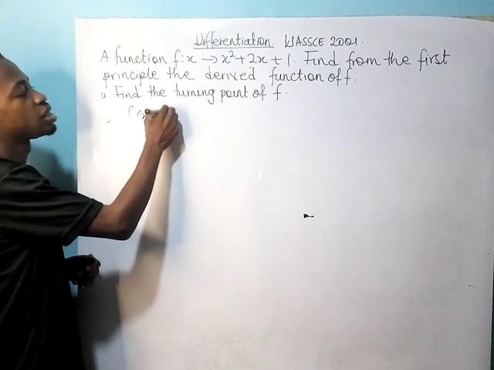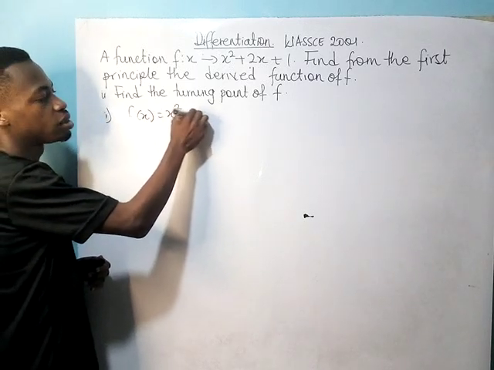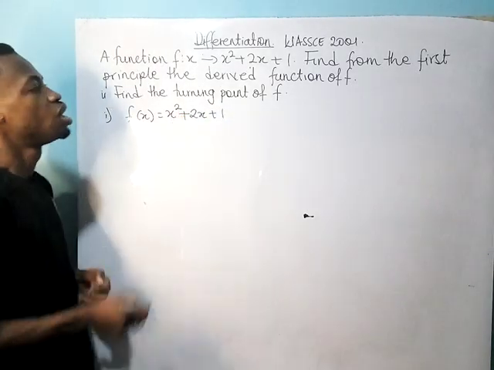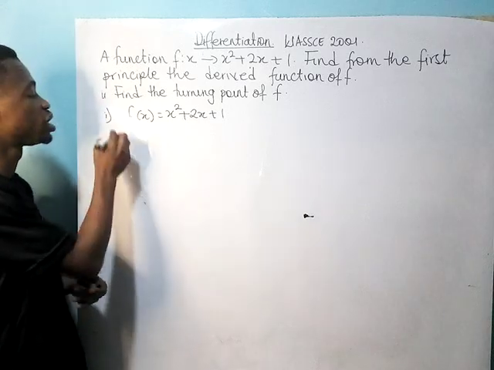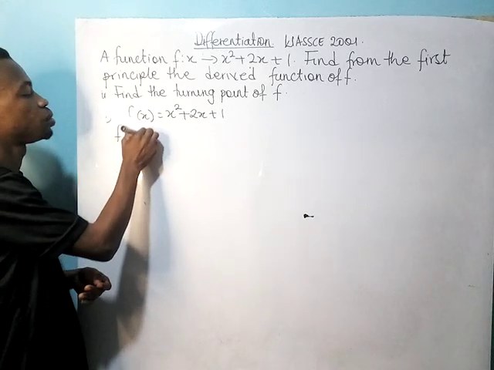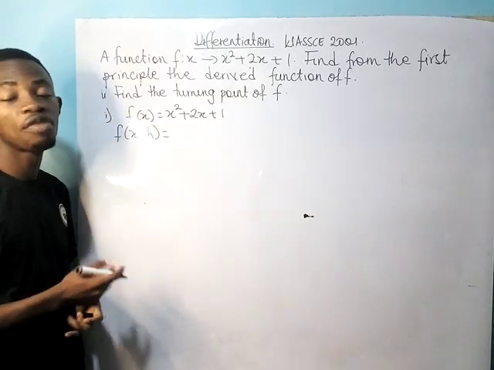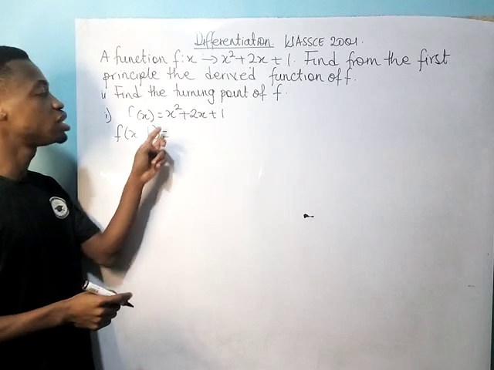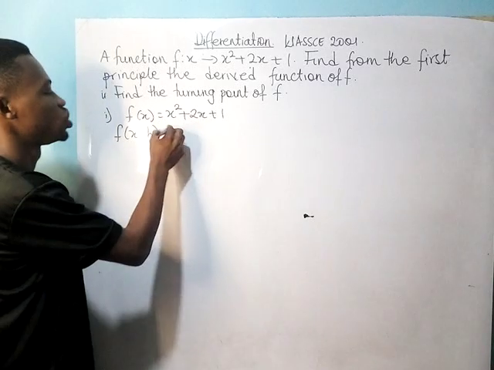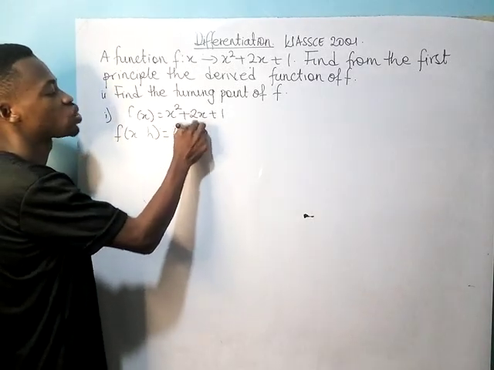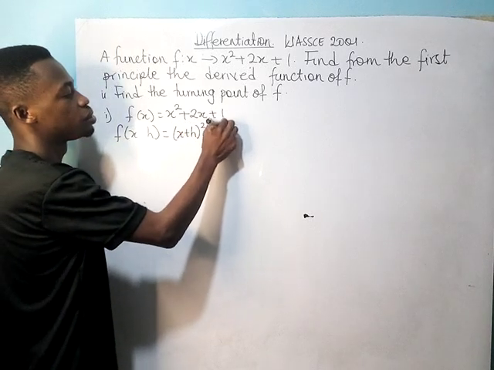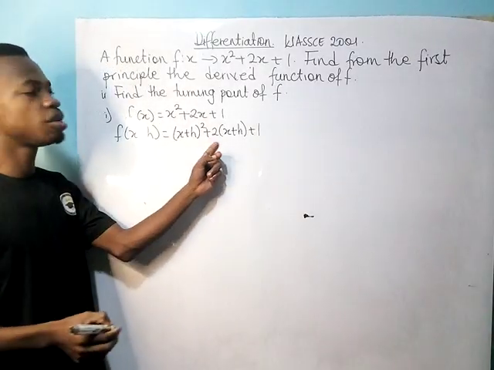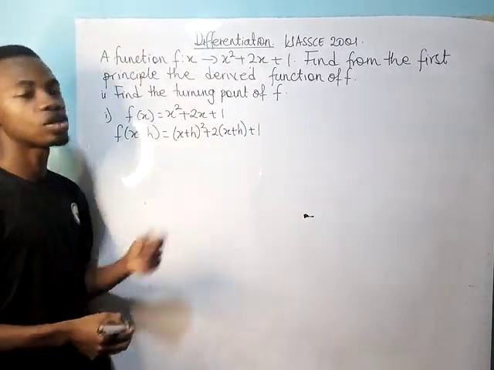our f of x is given as x squared plus 2x plus 1. Okay, and from the first principle, we need to find f of x plus h. That is, we substitute x plus h into x. So we are going to have x plus h squared plus 2 multiplying x plus h, then plus 1.